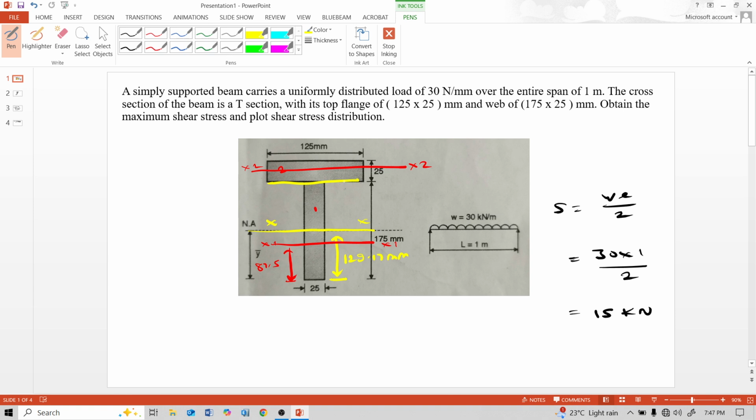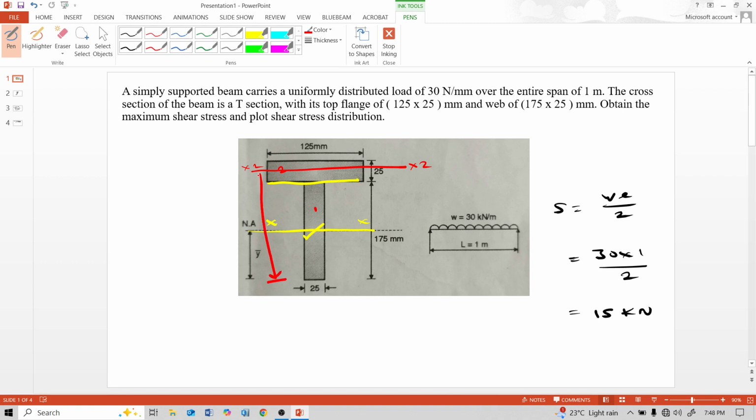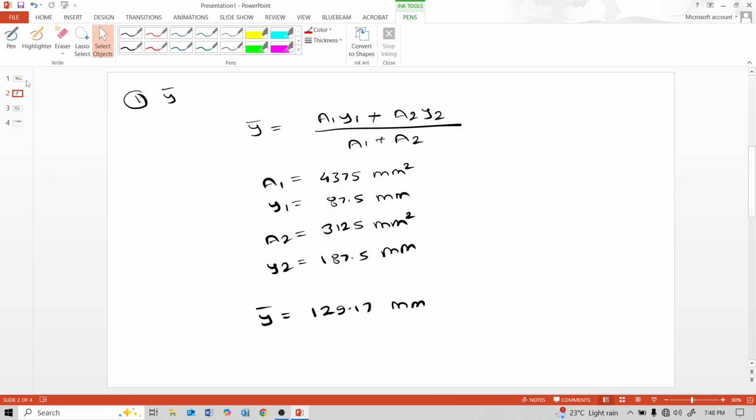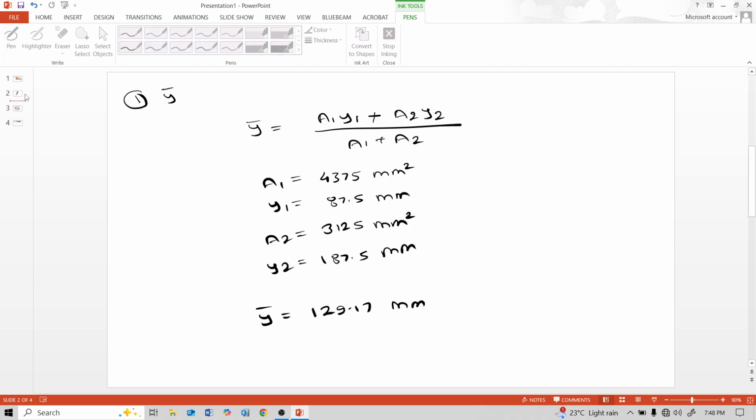The distance from the bottom extreme fiber to the x2 axis is 187.5, minus the neutral axis distance 129.17, that means 58.33.